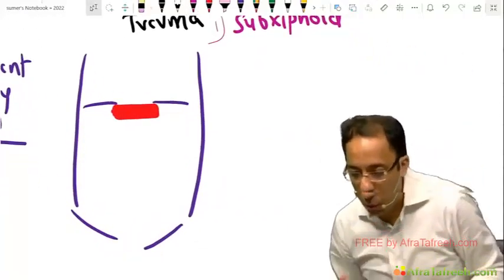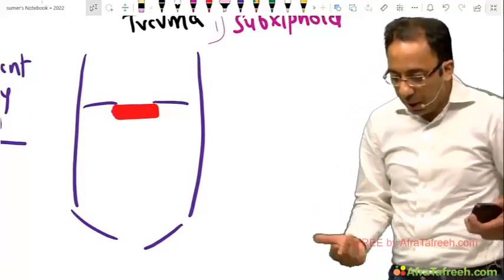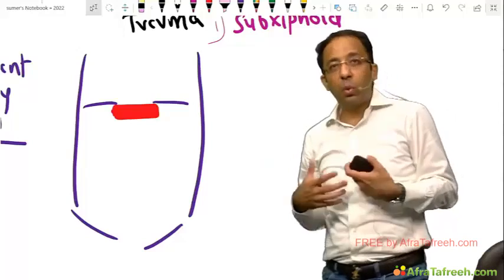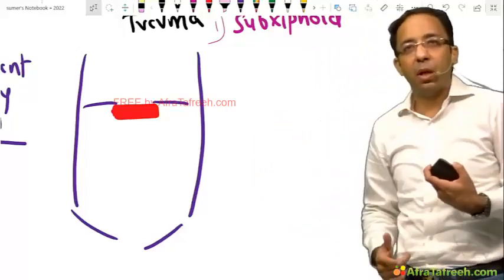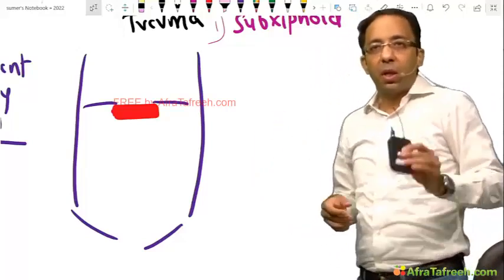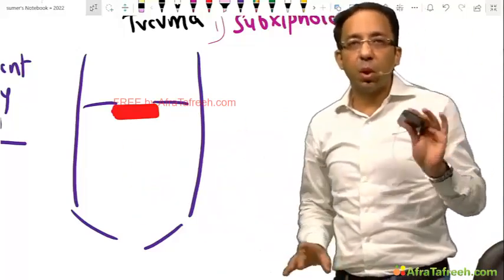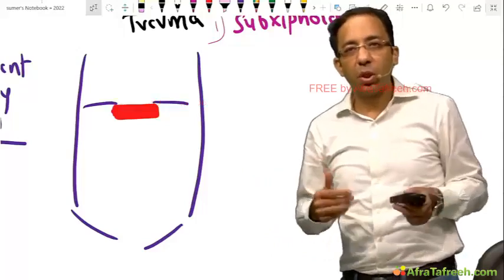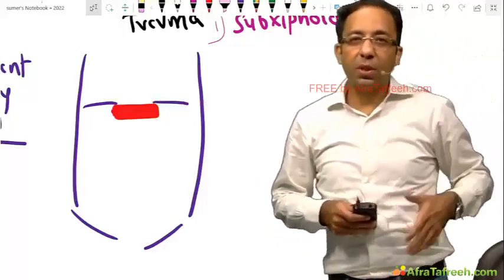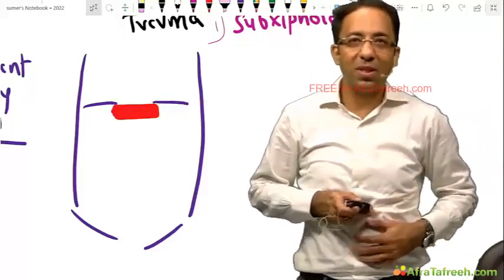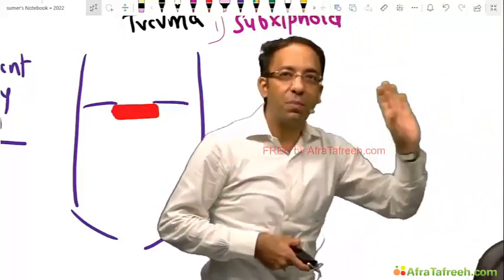Now just give me 1 second, I'm explaining when ultrasound is done. FAST is an ultrasound, beta, and we are doing it as the first step in the trauma patient in the emergency. And this is usually done by the emergency doctors themselves, not by the radiologist, because we are usually not available for emergencies. It takes time to get a radiology test done. Radiologists are busy in the hospital, so surgeons are doing it themselves.